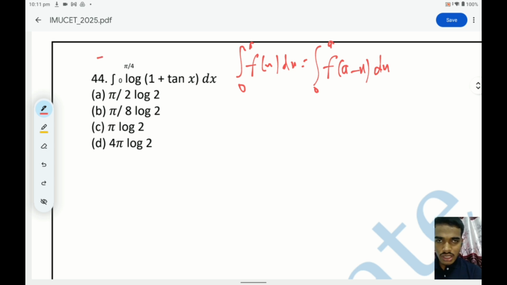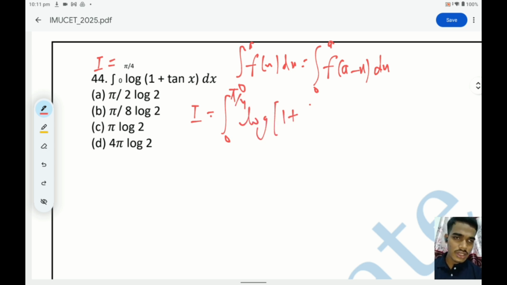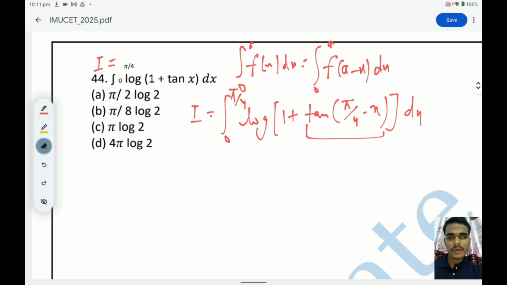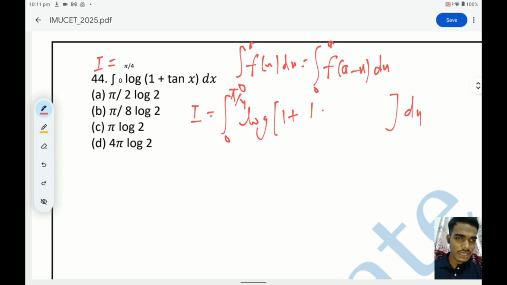Suppose this is I, then our I will be integral 0 to pi by 4 of log 1 plus tan of pi by 4 minus x dx. If we solve this value, using tan a minus b, we will get tan pi by 4 minus tan x, that means 1 minus tan x upon 1 plus tan x.